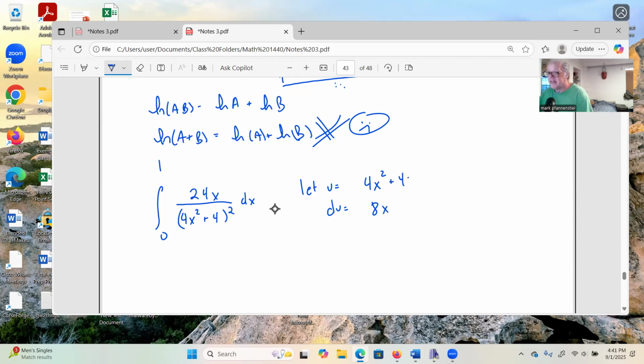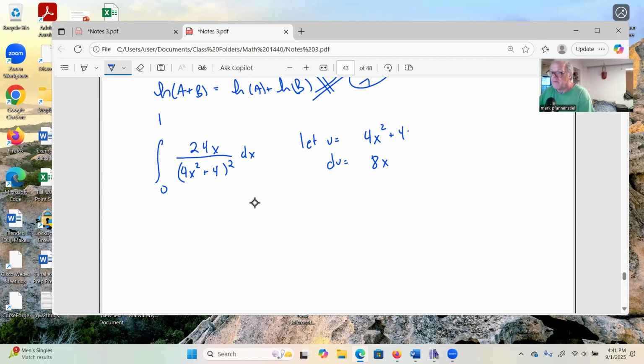So I'm looking at this and I'm saying, okay, we have an 8x on the top here because this is the integral of 3 times 8x dx. And here I have a 4x squared plus 4. This is just u squared on the bottom. This piece here, that's my du. My 3 will float out in front.